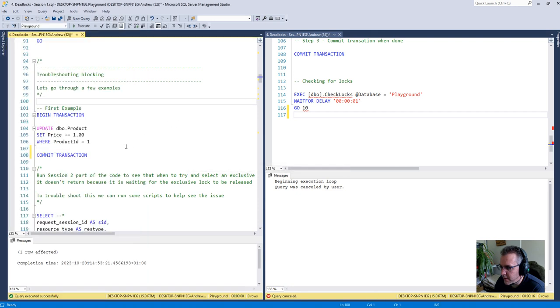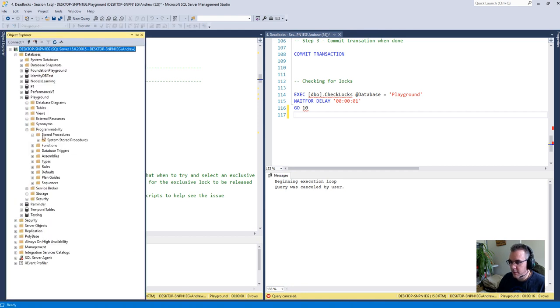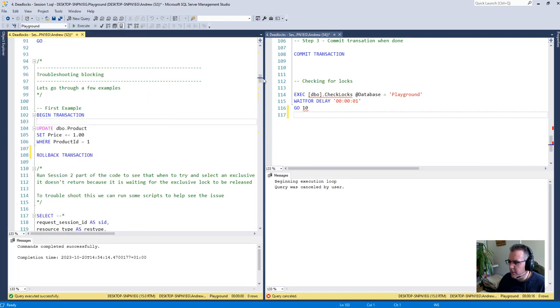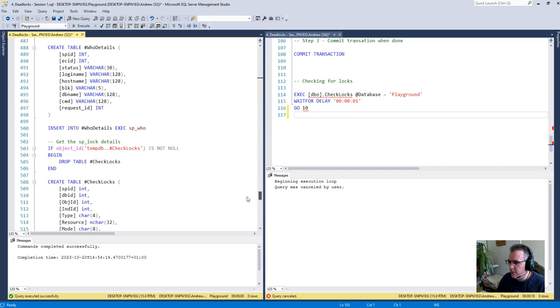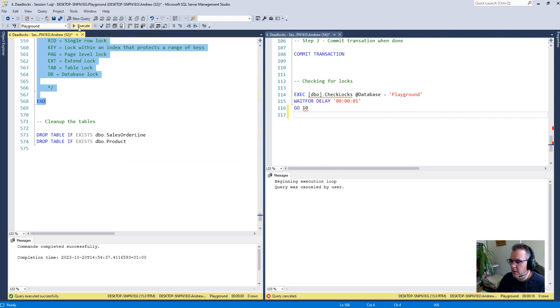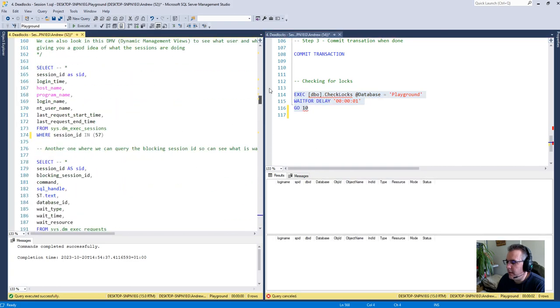We've got something locked. Execute. It was most probably that one, wasn't it? Stored procedures, refresh. Yeah, it was. Okay, I don't see the stored procedure in there. It should be called check locks. Let's run this again. I don't know where it's gone. Maybe because I rolled back. Okay. Yeah, okay. Let's stop that. Alright. Apologies.